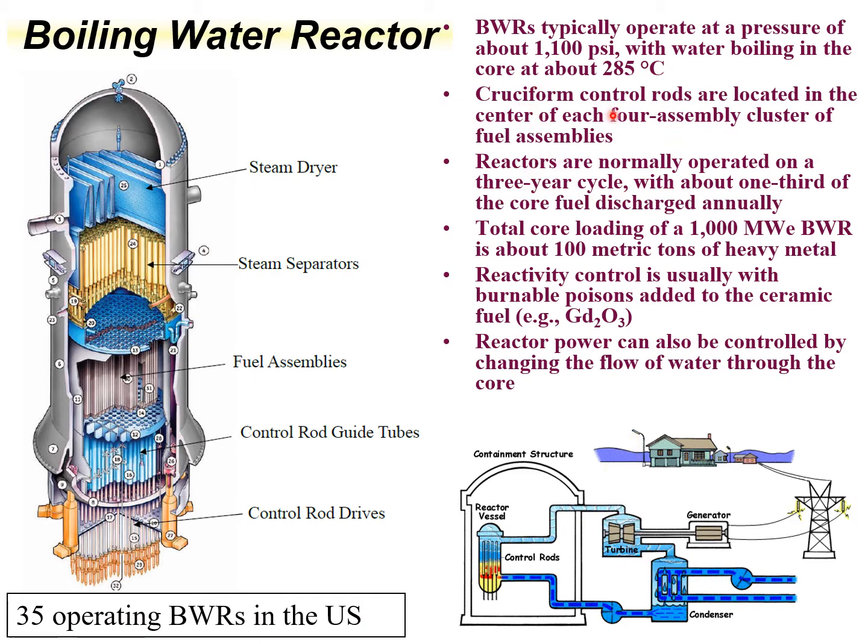This control rod is used to control the neutrons and thereby the energy of the reactor. They're normally operated on a 3-year cycle, and about 1/3 of the core fuel is discharged annually.